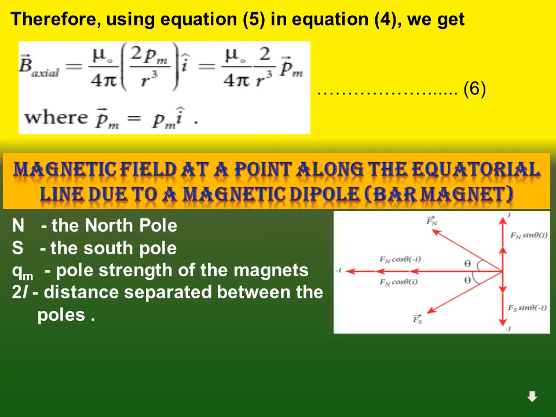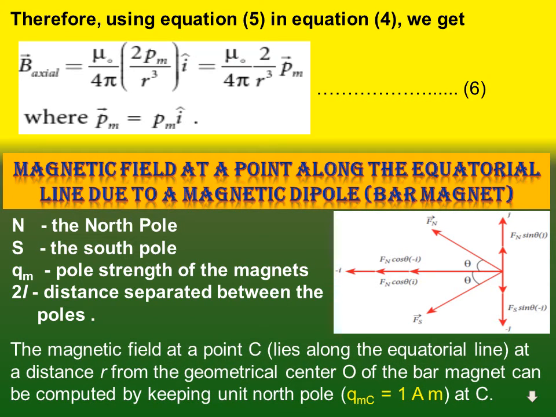Let N be the north pole and S be the south pole of a bar magnet, each with pole strength Qm and separated by a distance 2L. Now, the magnetic field at a point C, which lies along the equatorial line at a distance r from the geometrical center O of the bar magnet, can be computed by keeping a unit north pole. That means Qm at C is equal to 1 A-m.